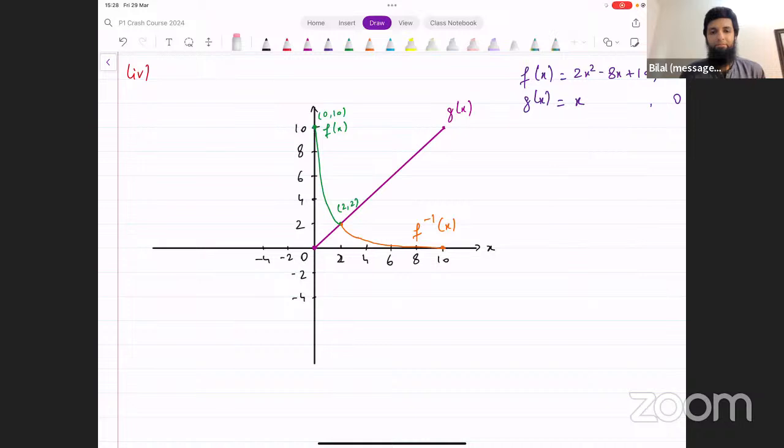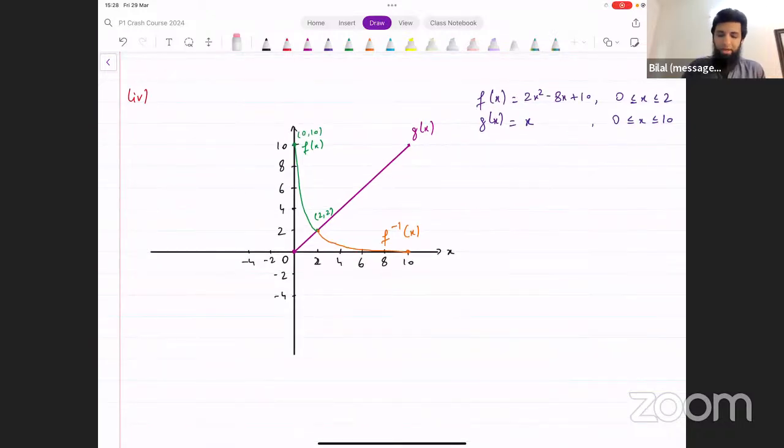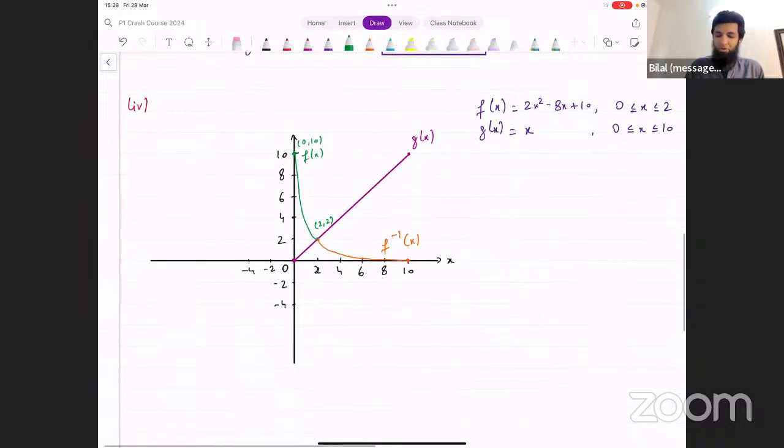Sir, from where did you get 10? Input x in this function, what do you get? 10. Y value is 10. Sir, then why didn't you put 0? I mean 2. You can try that. You can input 2. That gives you 2.